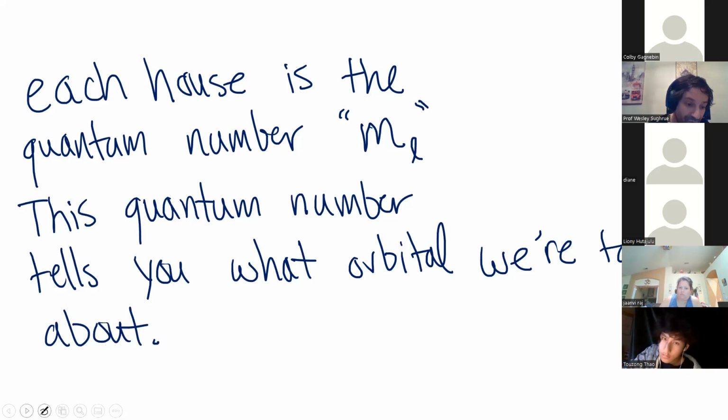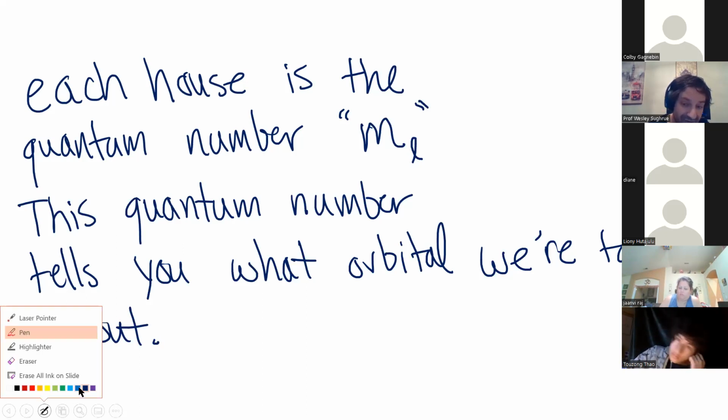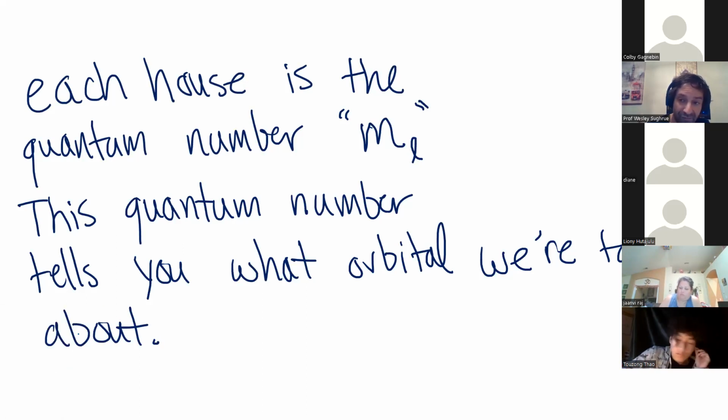I kind of went into more detail than I might have intended, but this will make a little bit of sense, tying back to where I said electrons exist in orbitals. So that's to say, for this analogy, the houses that electrons call home are orbitals. So electron houses are orbitals, okay?